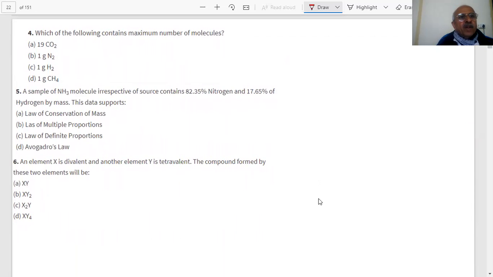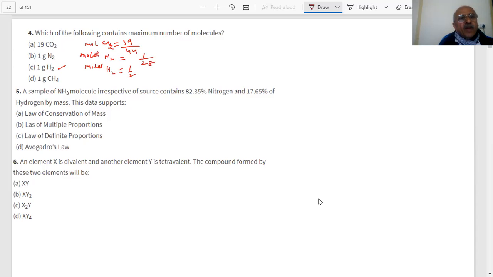1 gram of CO2 will contain how many moles? 1 by 44. These are the moles, students, of CO2. And what about the nitrogen? If you have nitrogen, how many? 1 by 28. Hydrogen H2, how much? 1 by 2. And 1 gram of CH4 will be how many moles?